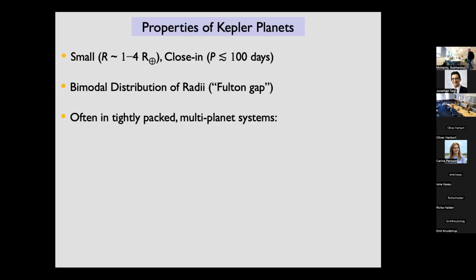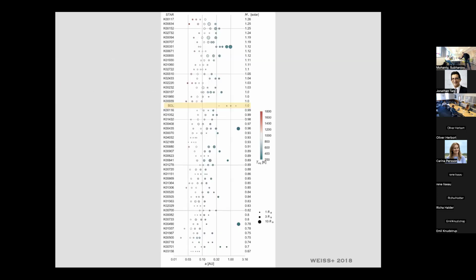Third observational fact: they often are found in tightly packed planet systems. Okay, and here's the distribution of some fraction of these things. I think these are all the systems that are known right now, which have super Earth and sub-Neptune planets and have more than 4 planets in the system. Okay. I've also highlighted in there Sol, our own solar system, right?